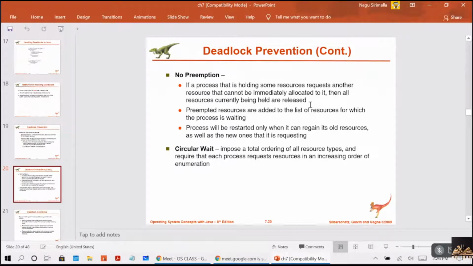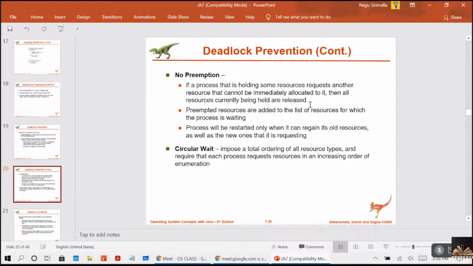You can preempt them, or else, when it is holding some resources and requesting some other resources, until it releases all the resources it is using, the new resource will not be allocated to it. That is the second protocol. In the first protocol, when it is holding some resources and requesting another, all the currently held resources will be released, and including the new resource, all will be allocated to the process.